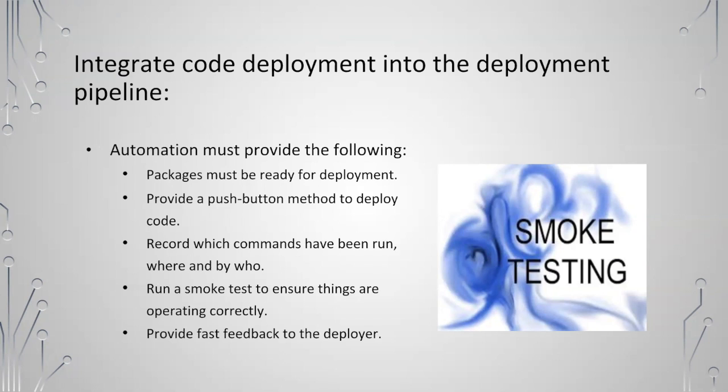This just lets us know if anything's gone wrong, where it went wrong, and who was doing it when it went wrong, so it's easier to fix. Then we want to run a smoke test to ensure things are operating correctly, which will enable it to provide fast feedback to the deployer.